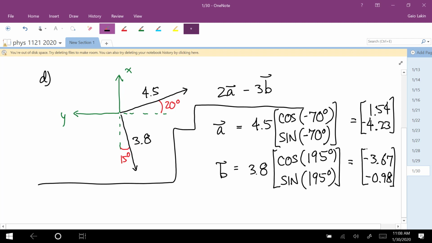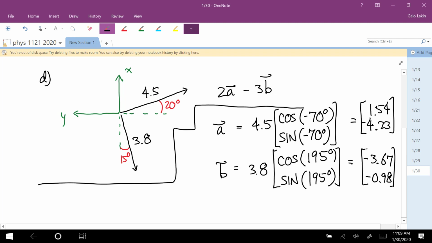And after you calculate those, if you're just plugging this stuff into your calculator, the easiest thing to go wrong is that you're in radians instead of degrees. You can usually catch that by just checking the signs. This is the fourth quadrant, so we should have positive x, negative y, and that's what we got. This one is third quadrant, so they should both be negative, so that one works.